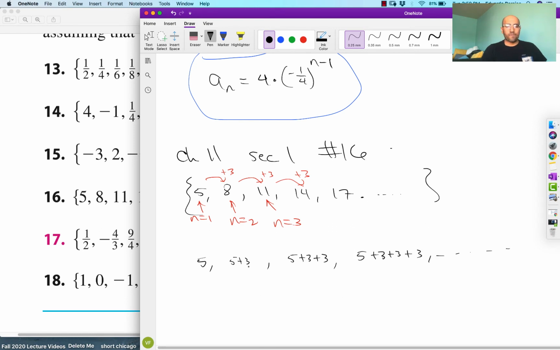Okay, so we can also think of this as 5, and then 5 plus 3, and then 5 plus 2 copies of 3, and then 5 plus 3 copies of 3, and then it's going to be 5 plus 4 copies of 3, and so on and so forth.